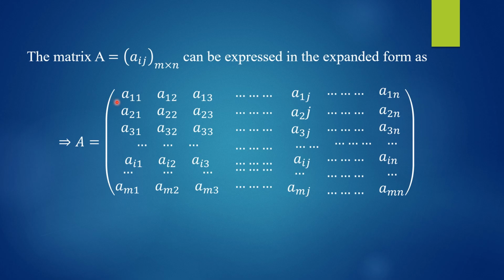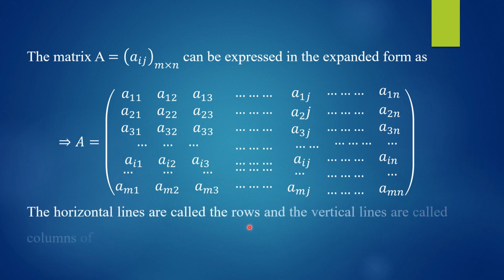Actually, the horizontal lines are called the rows and the vertical lines are called the columns of a matrix. So I have written here that the horizontal lines are called the rows and the vertical lines are called the columns of the matrix.